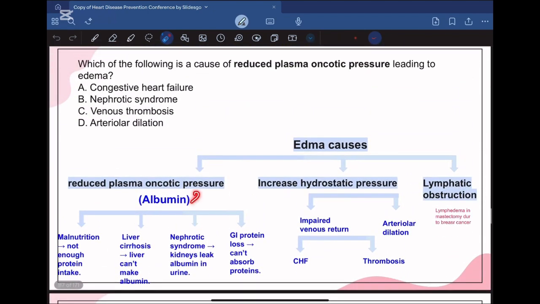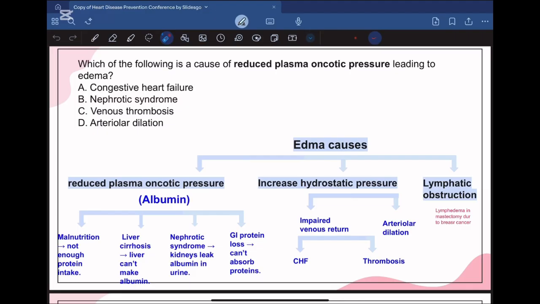Why does this happen? Always remember the keyword albumin. Either I don't have enough intake, because of malnutrition for example, so there is not enough intake of proteins, and edema can happen. Or the production is not okay, and who is responsible for protein production? The liver.